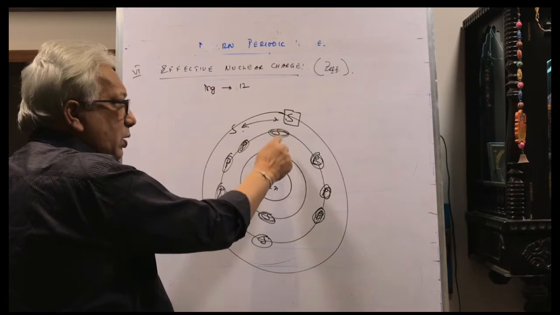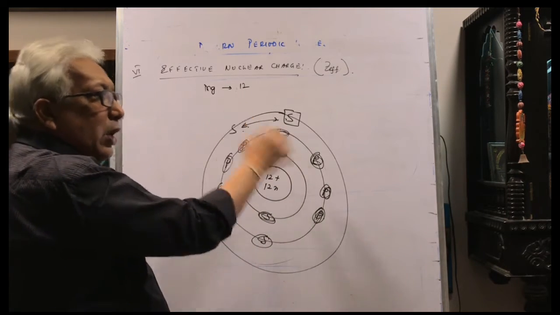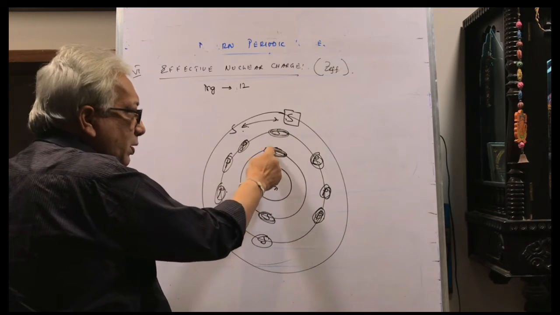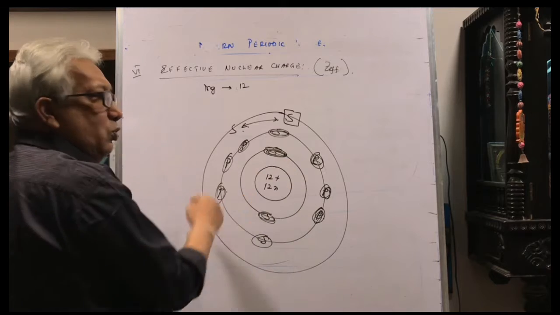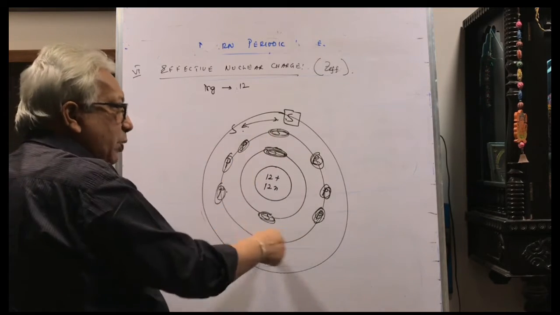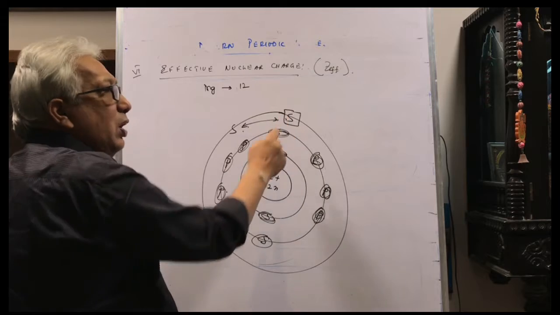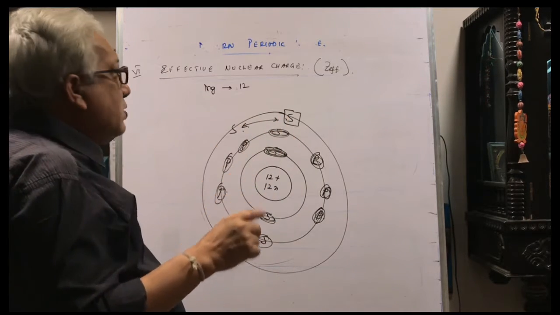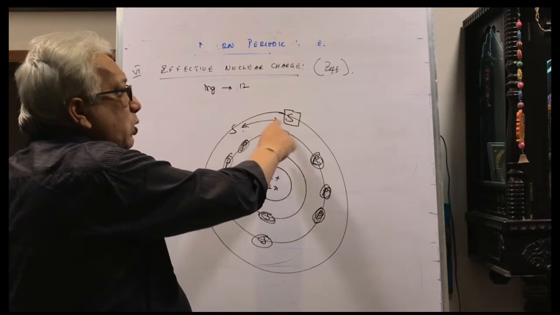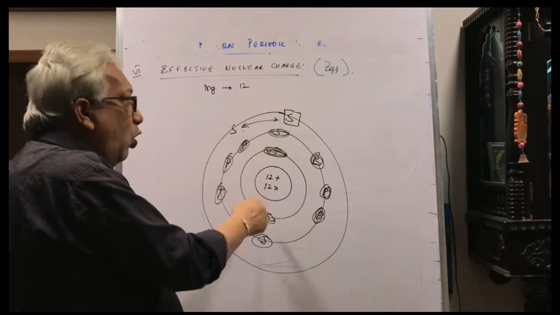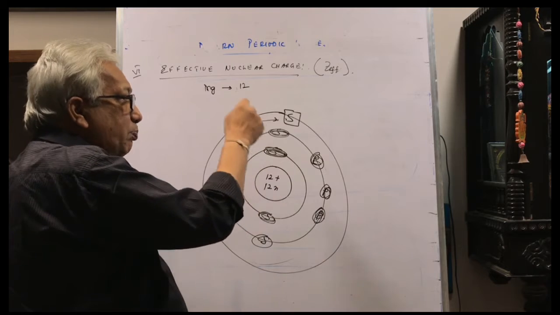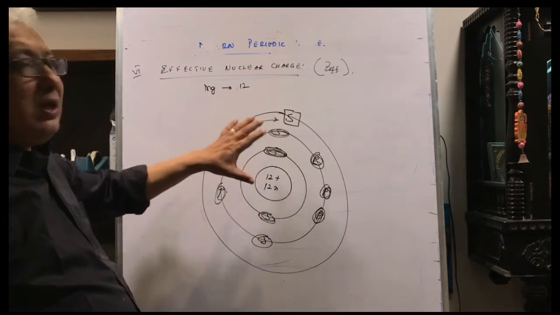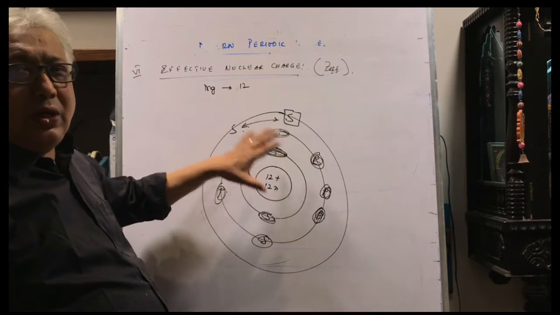In the second shell there are 2 factors diluting the effective nuclear charge. One is the mutual repulsion between the electrons, another is the barrier of the first shell electrons. And third shell electrons will have the least effective nuclear charge, because they have 2 difficulties: the mutual repulsion between the electrons in the same shell, and the barrier provided by the inner shell electrons. So that is the basic idea about effective nuclear charge.